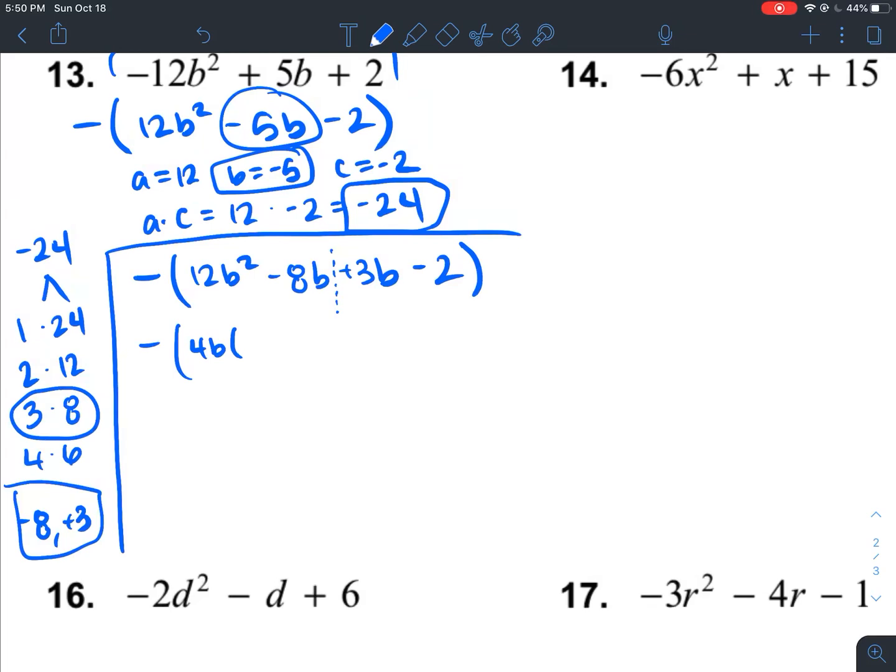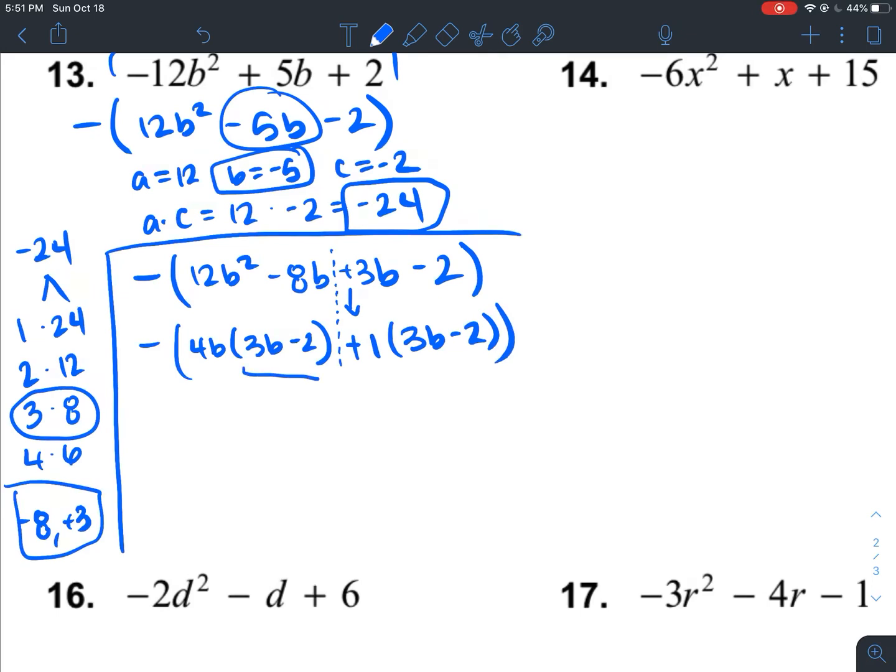And then if we divide that by 4b, we have 3b, and then minus 2. So keep the plus sign there. Now we can't factor out anything. The greatest common factor between 3b and minus 2 is just 1, so plus 1. And then we just have 3b minus 2.